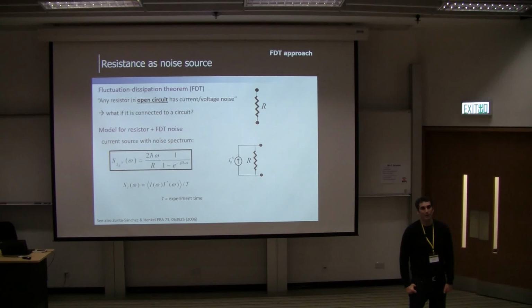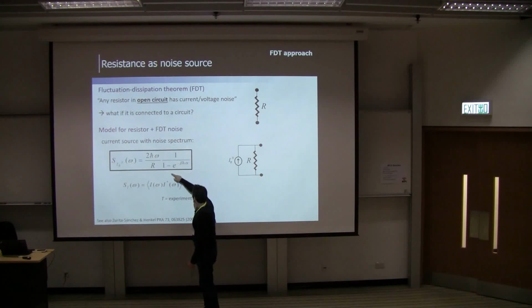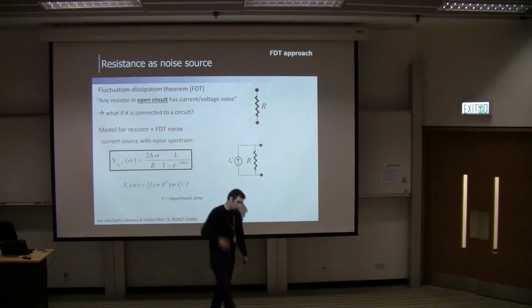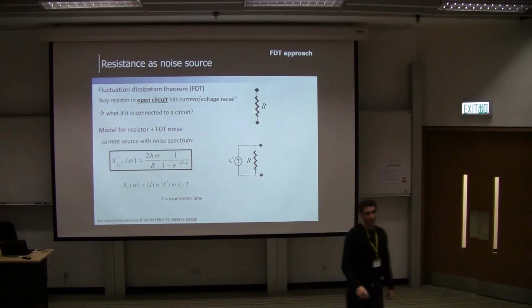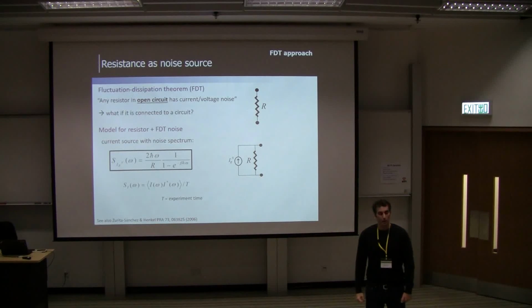So without doing the quantum calculation, he extrapolates his result to the quantum world, and he got exactly this. He talks about S of minus omega. What I mean is that it's not only finite temperature, it's also quantum. Nyquist calculated the fluctuations.